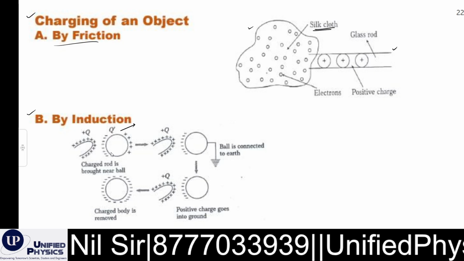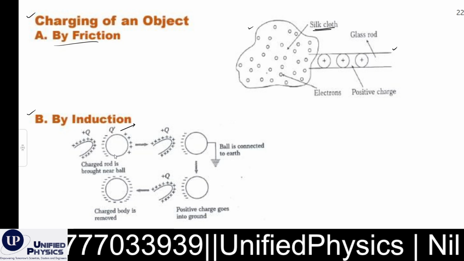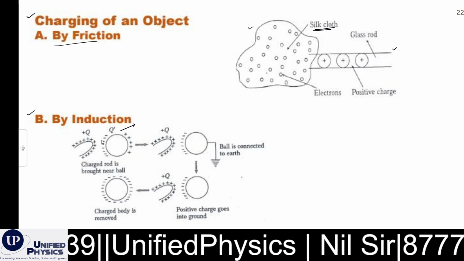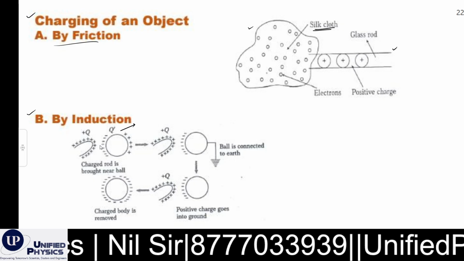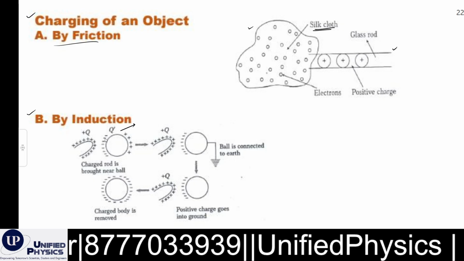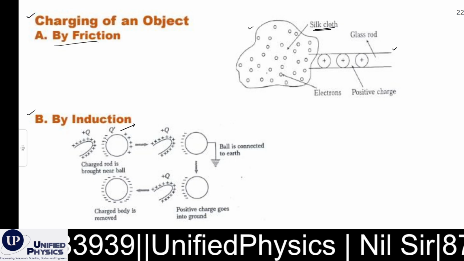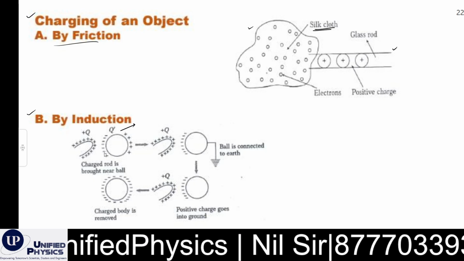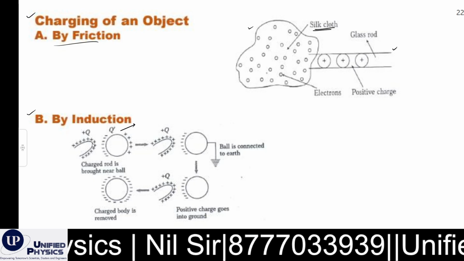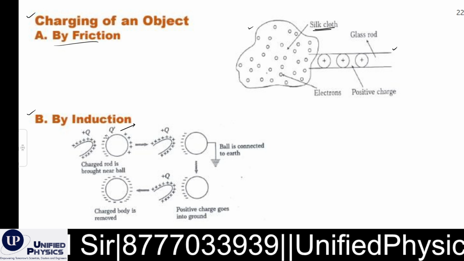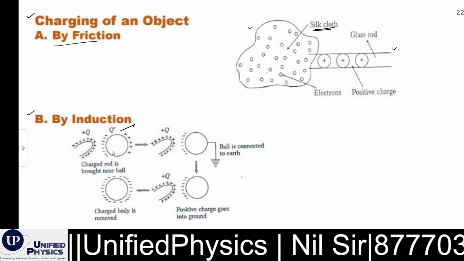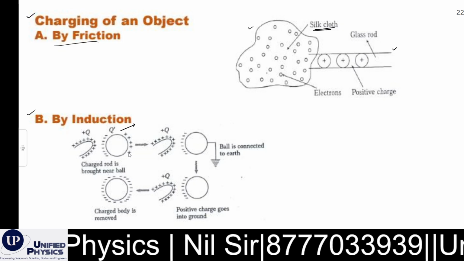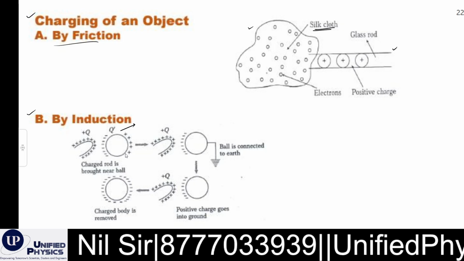Then due to induction, in this area there is an excess of negative charge. So basically this positive charge attracts this negative charge, so there is an excess of negative charge in this part. That means in this part there will be a deficiency of negative charge.